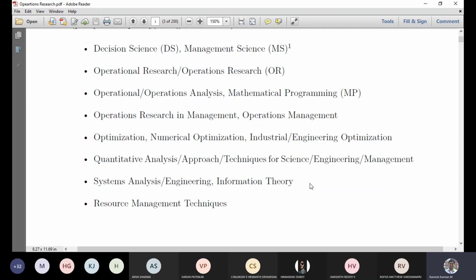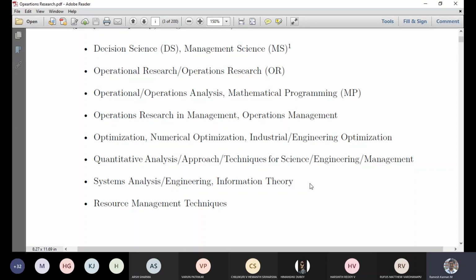So it means that operational research enhances so many other fields, and also encompasses different genres or disciplines. That's a very, very important thing you should know about operational research. And some people call this resource management techniques also.